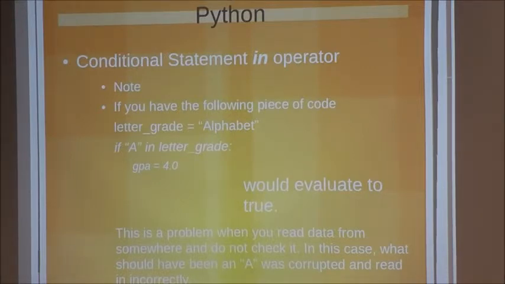So if you read in alphabet for somebody's grade, they get a 4.0. It's bad data. It doesn't mean that they actually had an A. But be careful. You should see if it's only an A, only one character, or only whatever. You need to check whatever you're bringing in first.